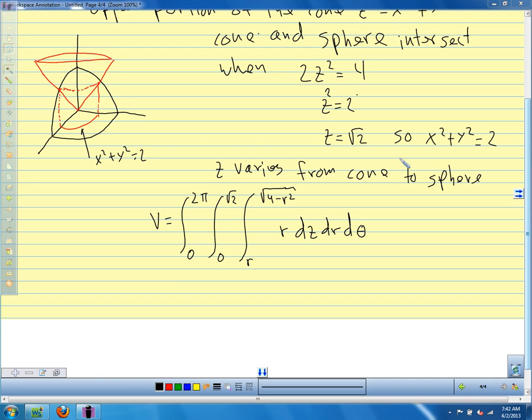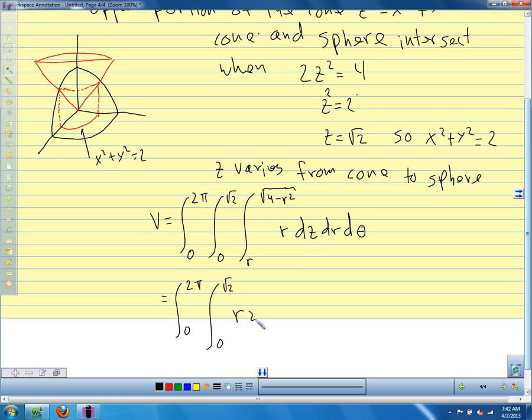Now we can evaluate this. We don't evaluate a lot of integrals in our examples, but we'll do this one. 0 to 2 pi, r varies from 0 to square root of 2, and our first integral is with respect to z.